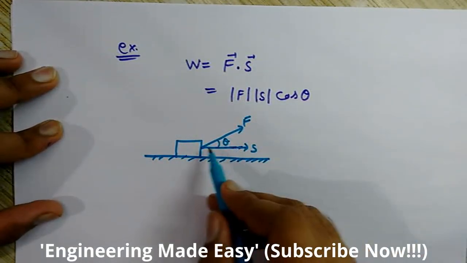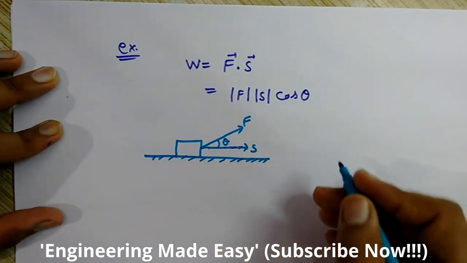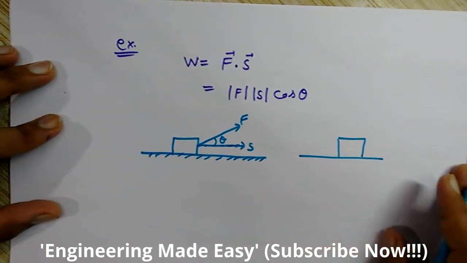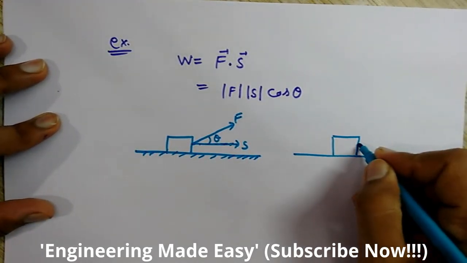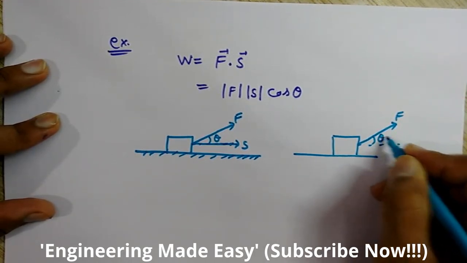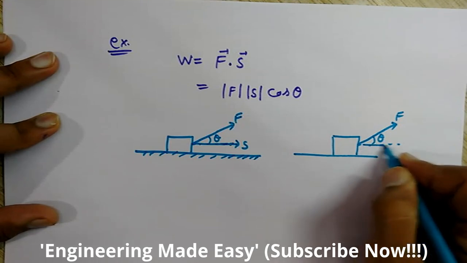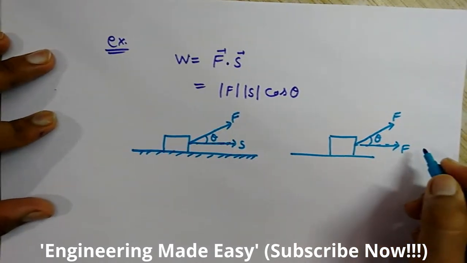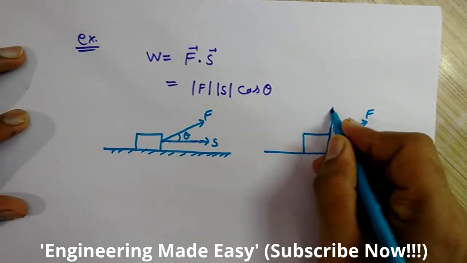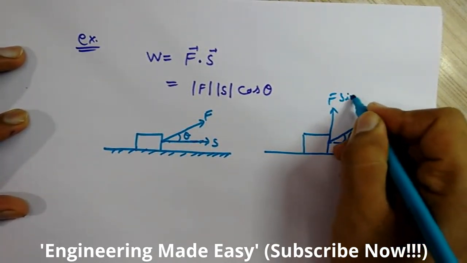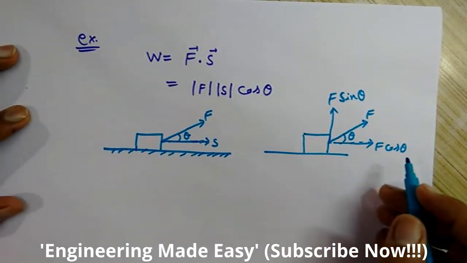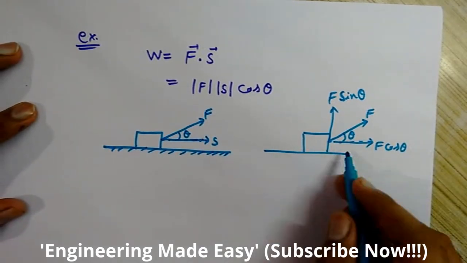Since this force has two components, if I am applying force F here, and here is the angle theta, then in this direction it has F cos theta, and in this direction it is F sin theta. So only the F cos theta is used to move it horizontally.